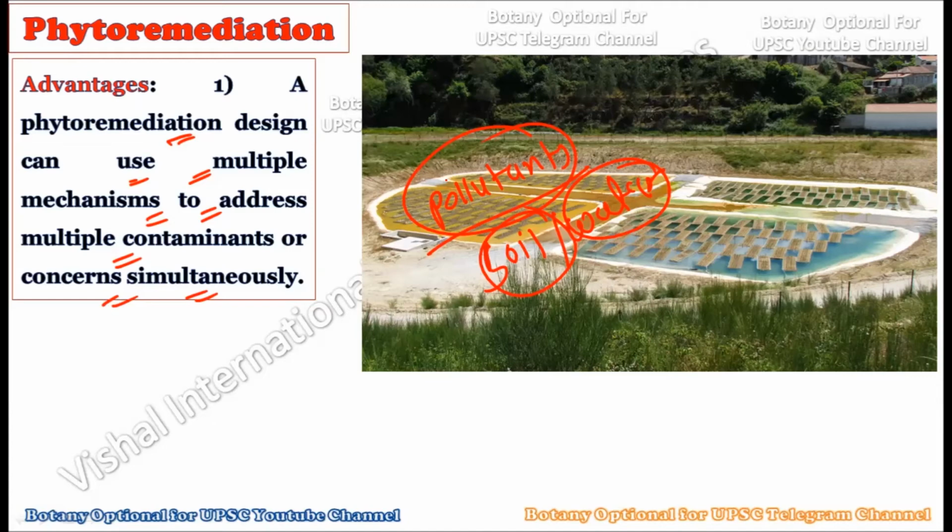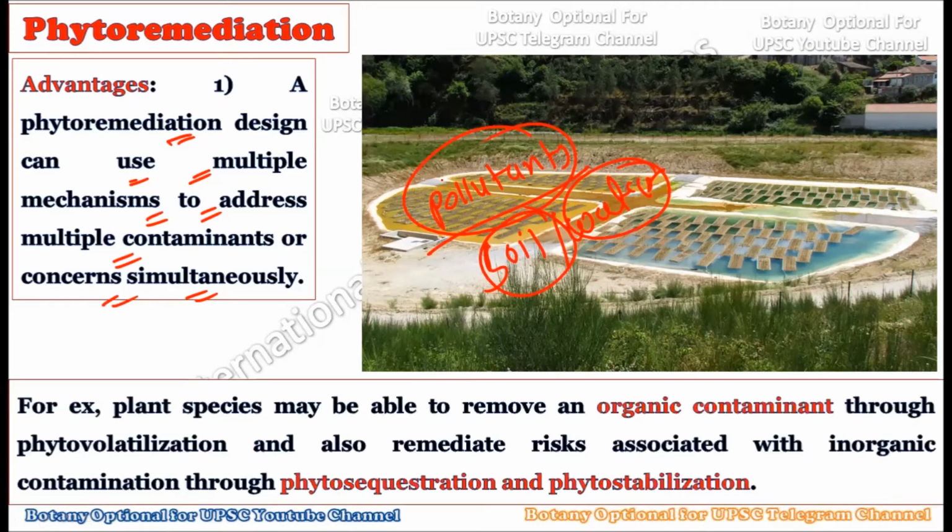So the very first advantage of the phytoremediation technique is that it is very flexible. We can use it according to the need. For example, if we have organic contaminants, we can use one specific technique, and if we have inorganic contaminants, then we will use another type of phytoremediation. This flexibility given by phytoremediation is very natural, and hence it has much advantage over the other remediation techniques.